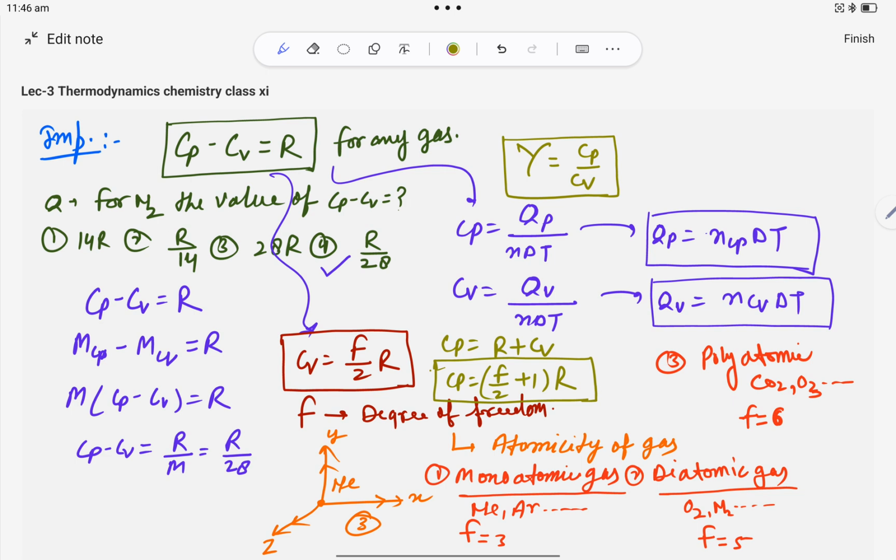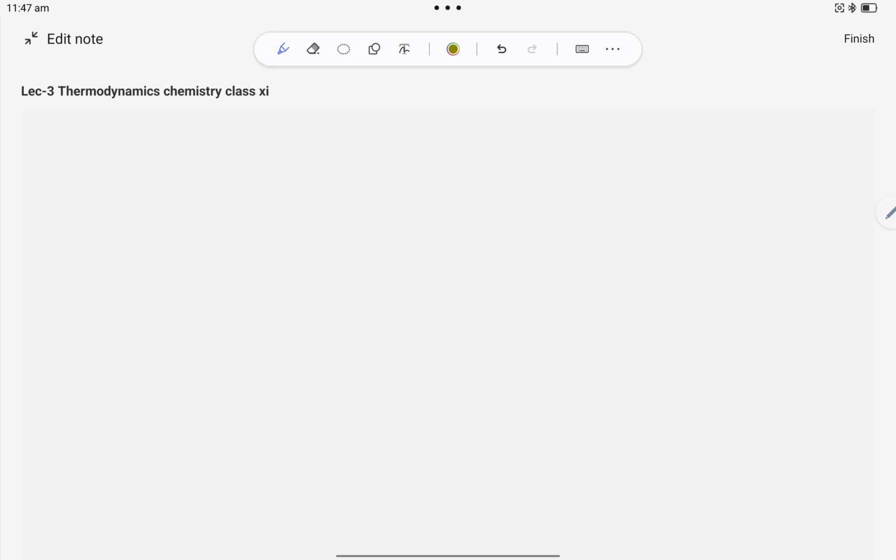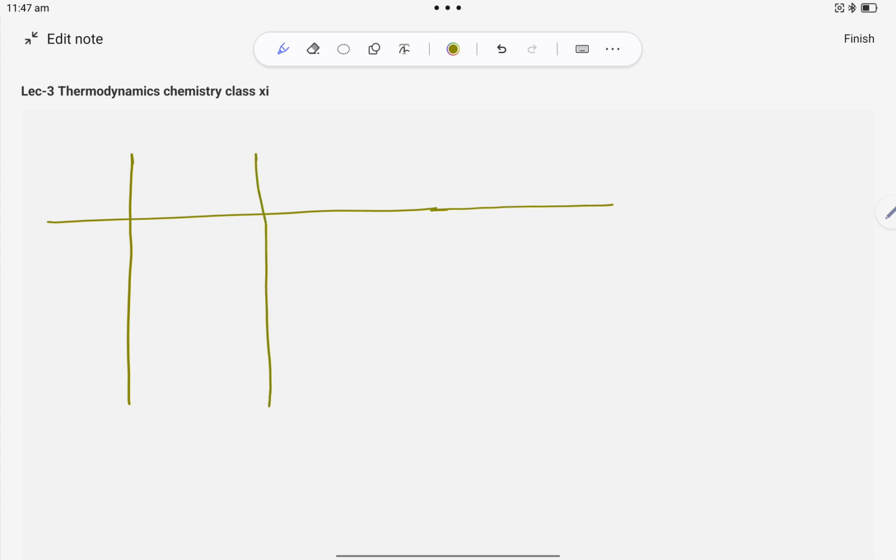Okay, so let's see. Almost the video is going to complete. I will take 5 more minutes. Here one table I am going to discuss. F, Cv is equal to F by 2 R, Cp is equal to Cv plus R, and gamma is equal to Cp upon Cv.